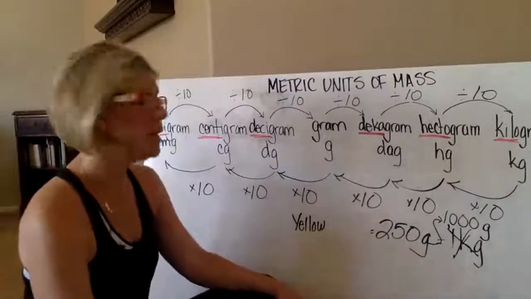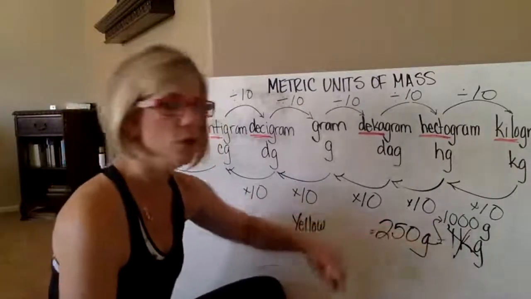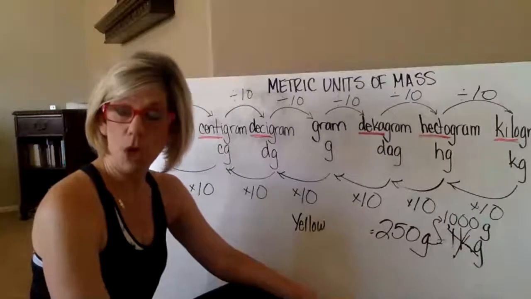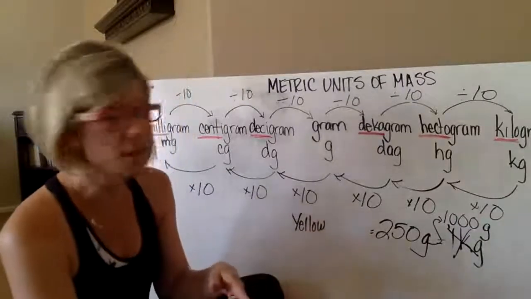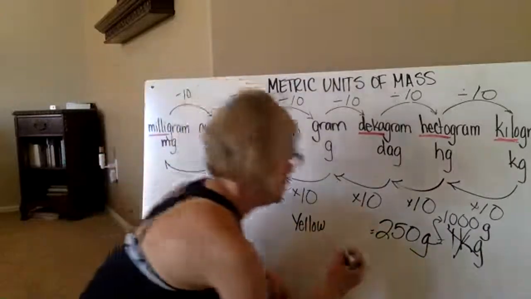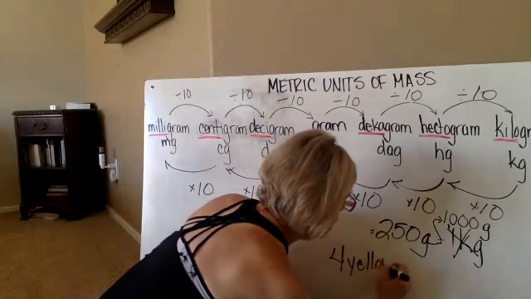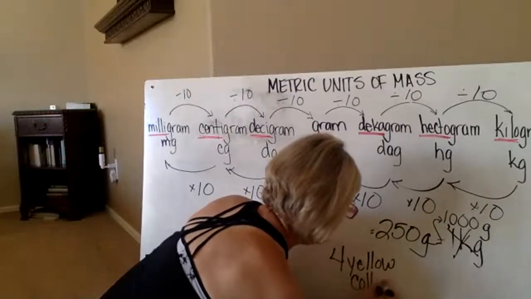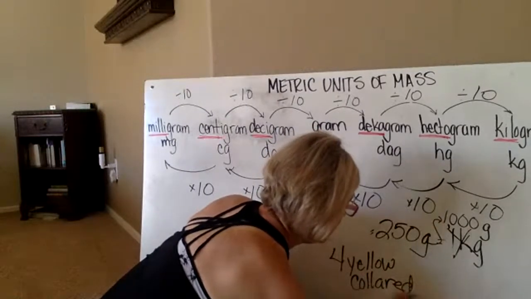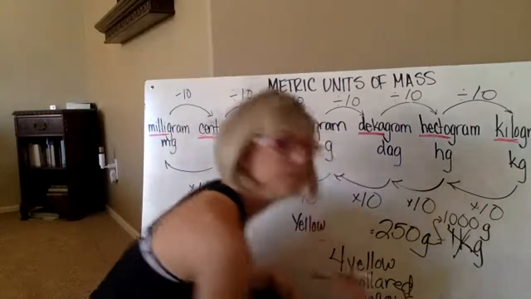All we're doing there is we're saying, how many 250 birds are going to get us to 1,000? It's going to be 4. If you don't know that off the top of your head, you're taking 1,000 and dividing it by 250. So it's going to be 4 yellow-collared macaws. And that is going to be your label.